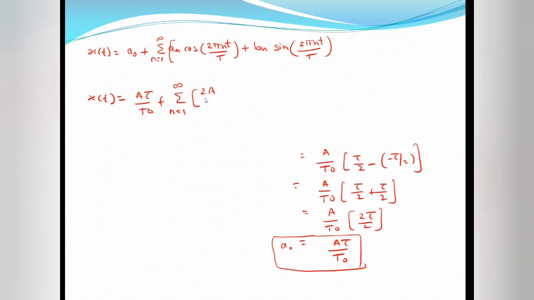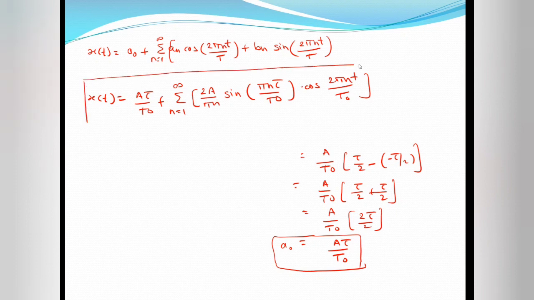So 2a divided by pi n into sine of pi n tau by t naught into this term, that is cos of 2 pi n t by t, but t is nothing but t0, and bn is 0. So this term will be 0. So this is the trigonometric Fourier series representation for the given rectangular waveform.